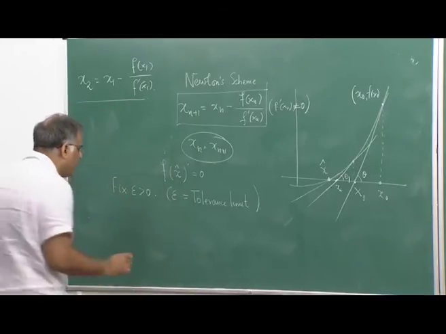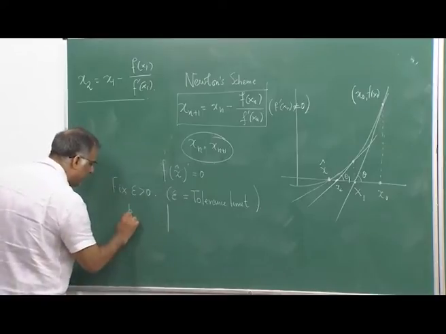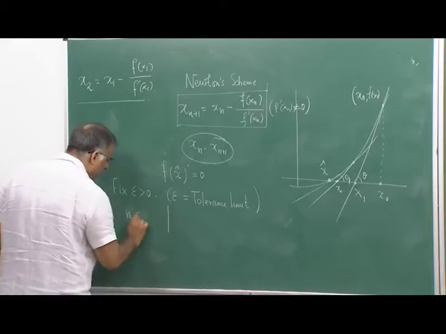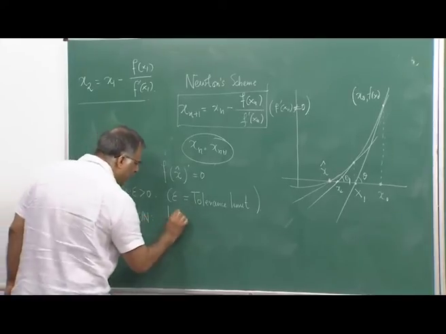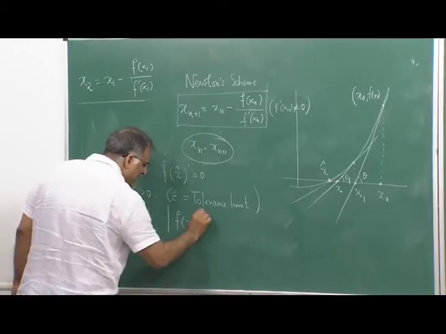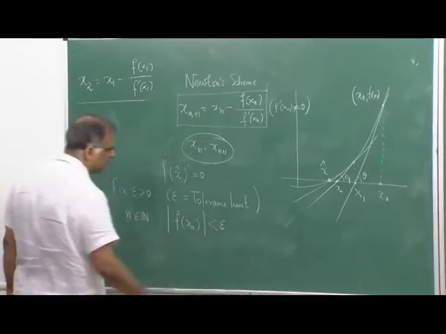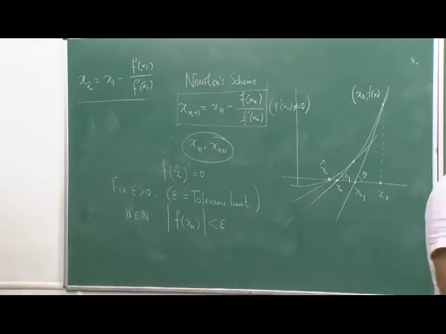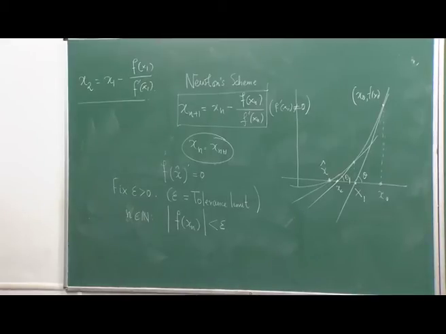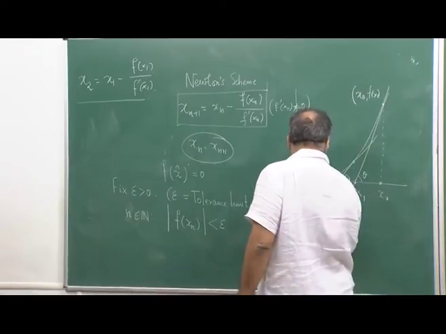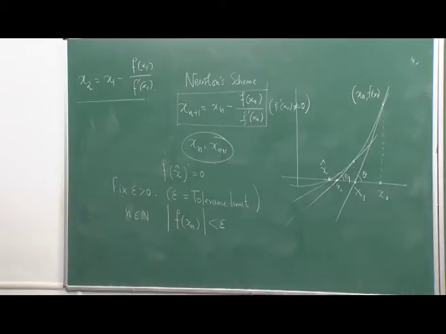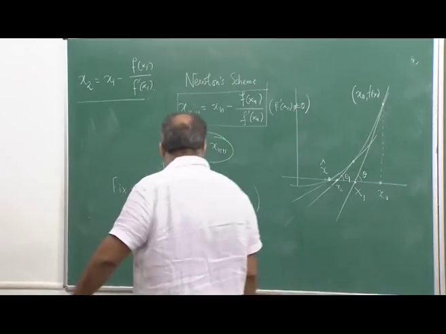I am supposed to be happy with some xn, n element of N, such that the absolute value of f of xn is strictly less than epsilon. So the point could be here or here, very near that point basically. Then it is alright for me, and that is where I stop.